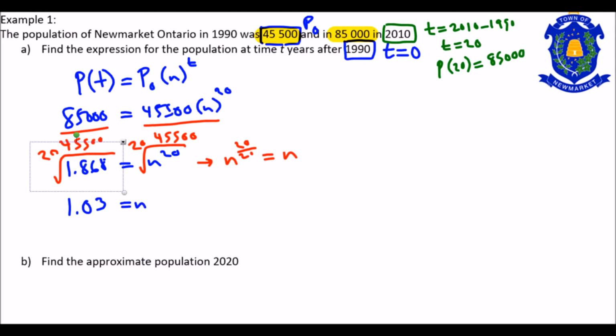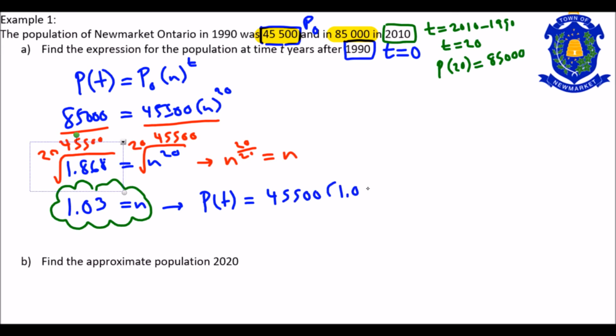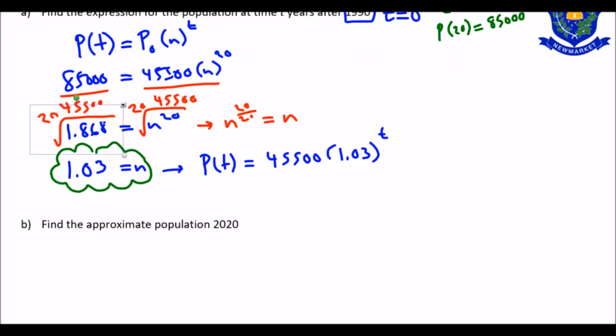There we go. Beautiful. So I've got my n here, which is really my equation, because now my equation will be P of t is equal to 45,500 times 1.03, all to the exponent of t. Done. Beautiful, Mr. Wills, thank you. Now it wants the approximate population in the year 2020.